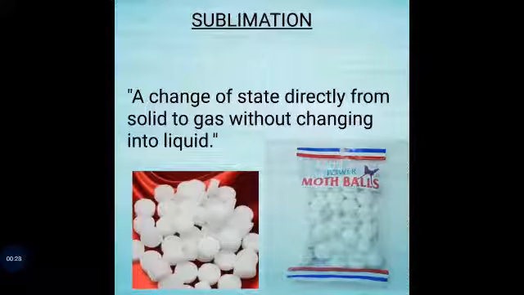It slowly changes to gaseous state. So these are the examples for the process of sublimation. Here the only change is that substances directly change from solid to gaseous state without changing into liquid state. Same case, if the substance is a gaseous substance, there also it directly converts to solid state.